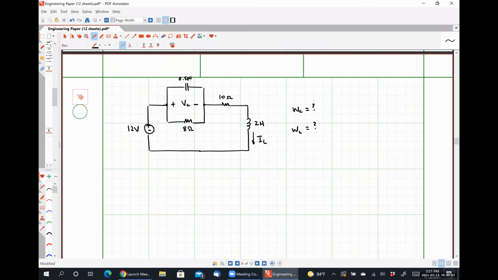So if our excitation is a DC signal, then we have a DC circuit. So to a DC circuit, what does our capacitor look like? Wouldn't that be an open circuit? An open circuit, okay? And to a DC circuit, what does our inductor look like? Short. Short circuit, okay. So I'm going to redraw this guy.